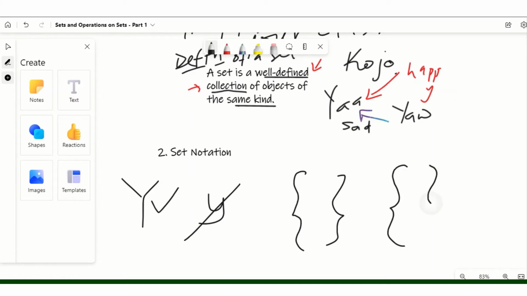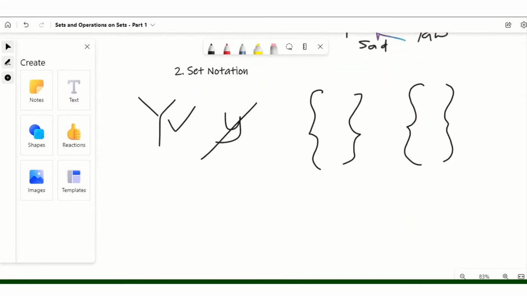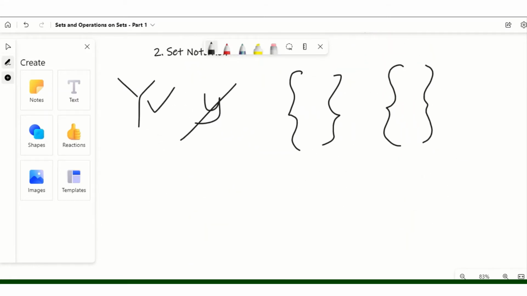It looks like an S. Curly brackets to present the members of a set. So in presenting the members of a set, we'll have something like this. Y equals, let's say we have the set of what?